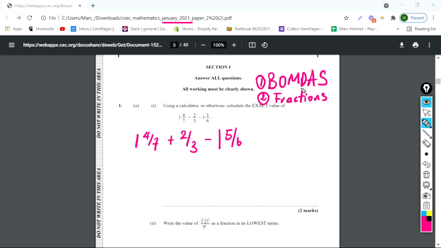So with BODMAS, we add before we subtract. All we have here is adding and subtracting, so we're going to follow that rule. We're going to add first and subtract after, and I'm going to change everything to fractions.